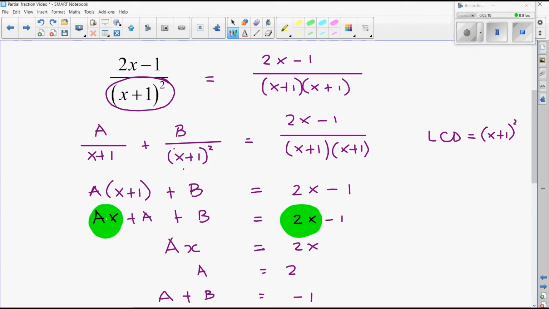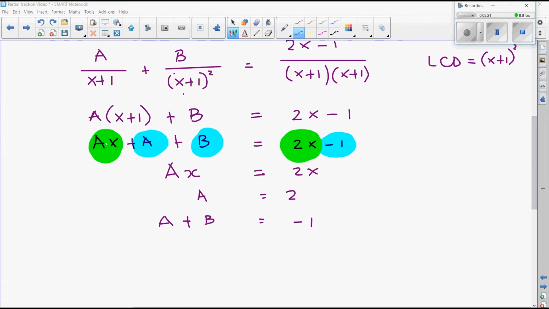Because A is a constant, B is a constant, and -1 is a constant, this forms the next equation. I already know that A equals 2, so I substitute this value into my second equation. So I have 2 + B equals -1. So B is -3. Now I substitute this into my expression above.